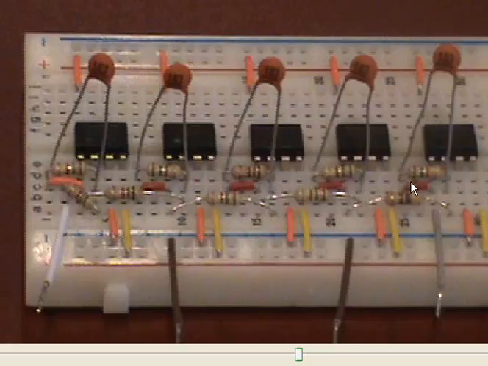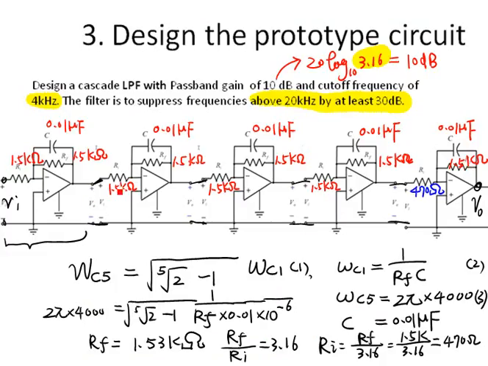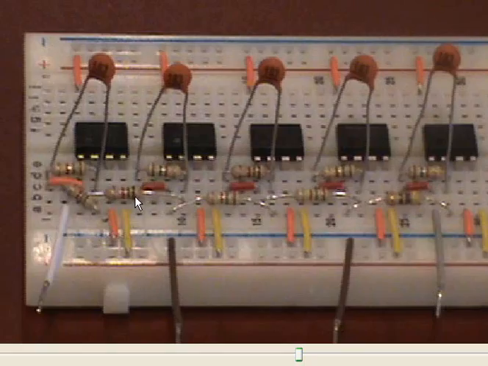All the feedback resistance is 1.5 kilo ohm. For the input resistors, only the last stage we have a 470 ohm resistor. So this resistor is a 470 ohm resistor. So let's test the circuit and check with the design specification.